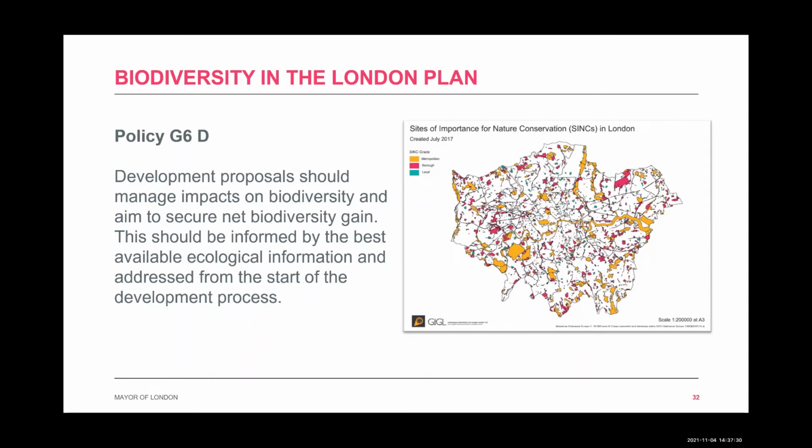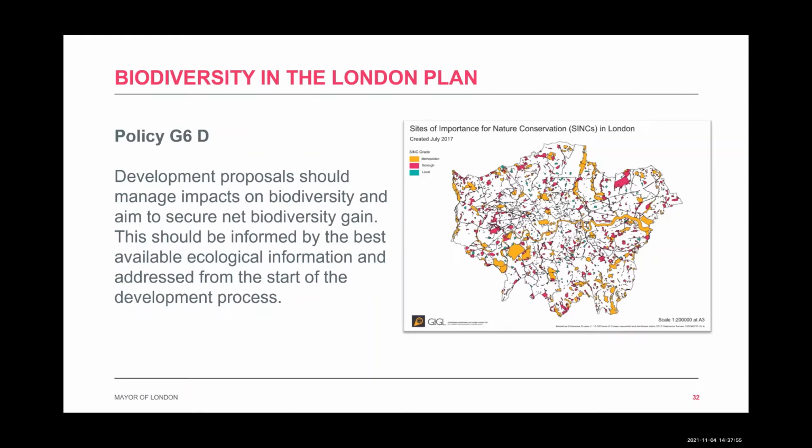And the planning system has an important role in protecting nature, but also in London in recovering nature. So the London Plan provides strong protection to London's core sites for wildlife, known as Sites of Importance for Nature Conservation. We have a map here, a few years old, taken from the London Environment Strategy, of these sites. There are about 1,600 across London, covering 20% of its surface area.